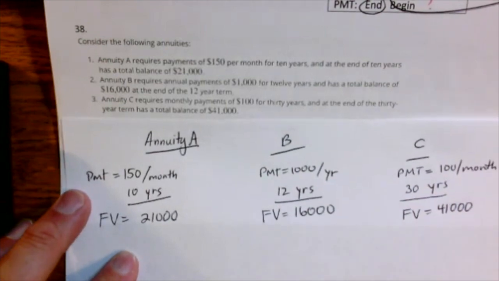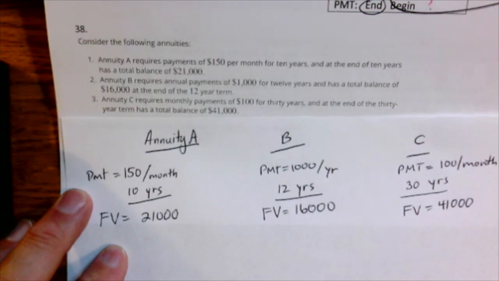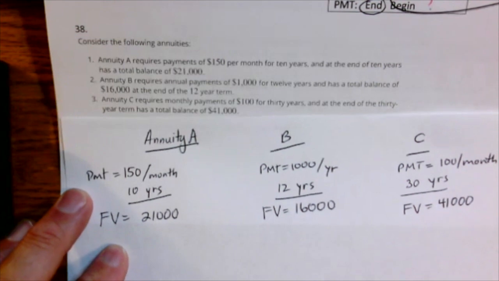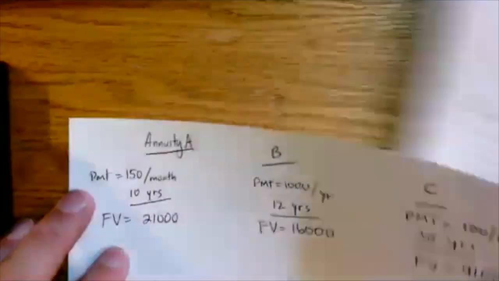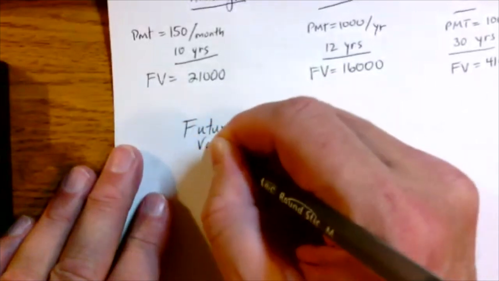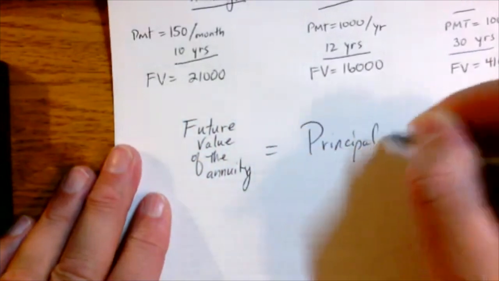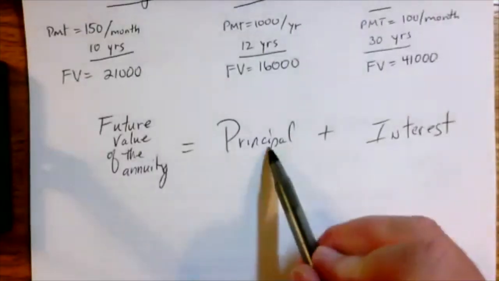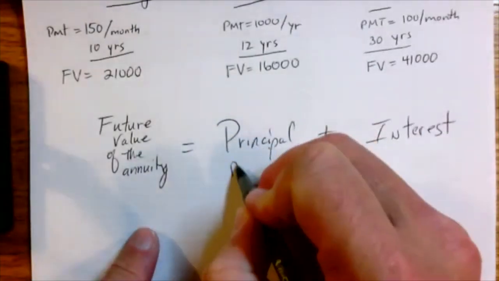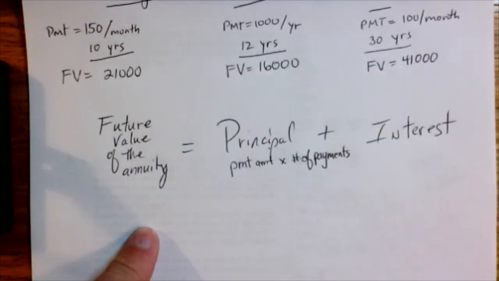Now, we don't need all the other information about the annuities. We have what we need in order to calculate the interest. I've given you this formula before, but I'll just give it to you again. The money that you have in the end, the future value of the annuity, equals the principal that you put into the account plus the interest. And the amount that you put in would be your payment amount times the number of payments. So it's arithmetic.